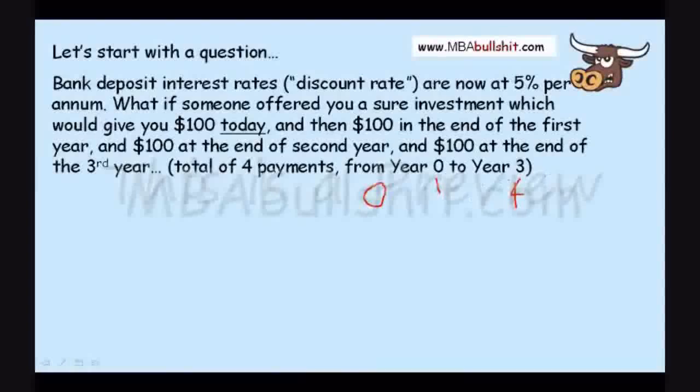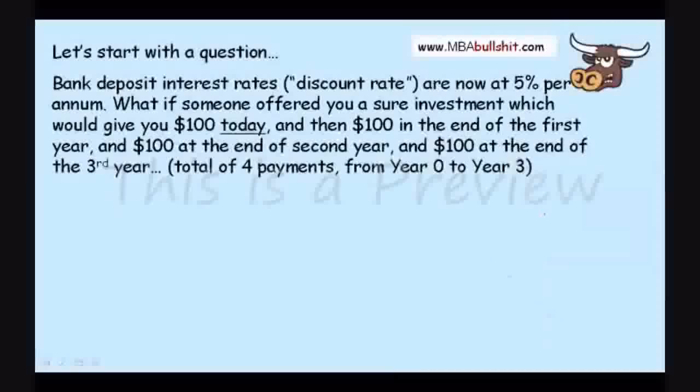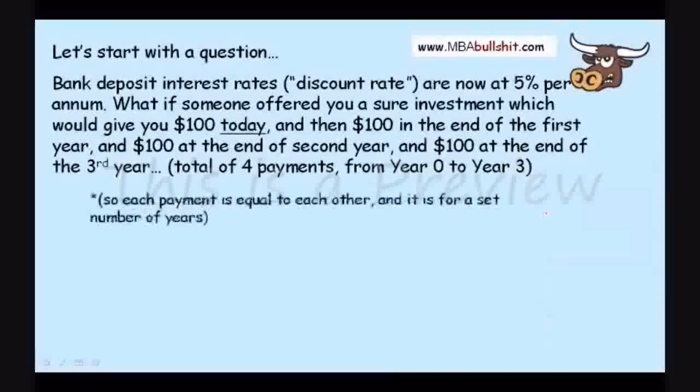But in this case, the payments start at year 0 instead of year 1, and it goes on only until year 3. So that's how it's different from an ordinary annuity.